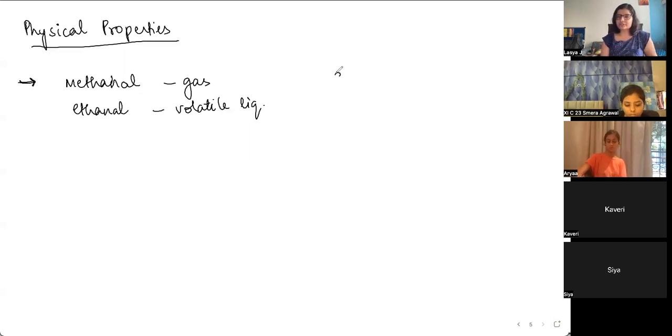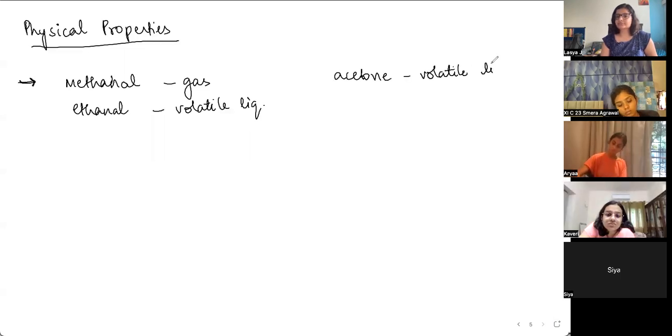When it comes to ketones, acetone is a very volatile liquid. Do you guys use nail polish? So you have the remover, right? Nail polish remover, that is what acetone is. It's made up of acetone. So be careful, it's a very volatile liquid. You must have felt it.